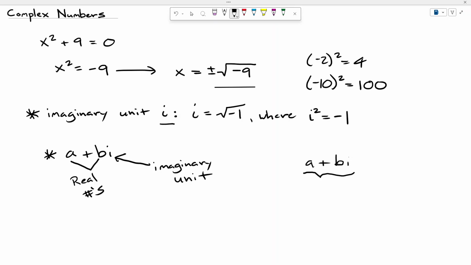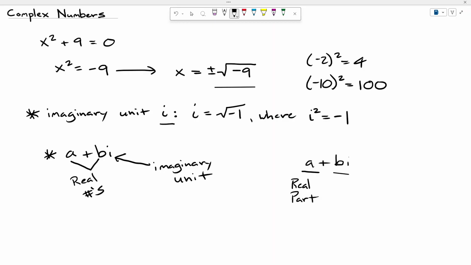And then we can split it into two halves. So we have the first half, a, that is the real part of the complex number.